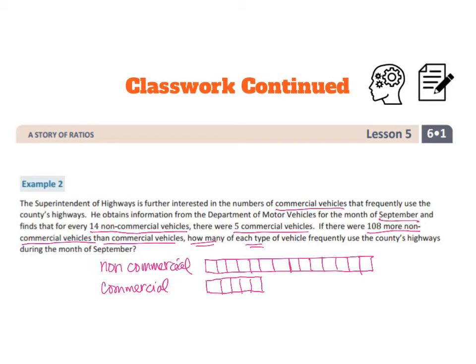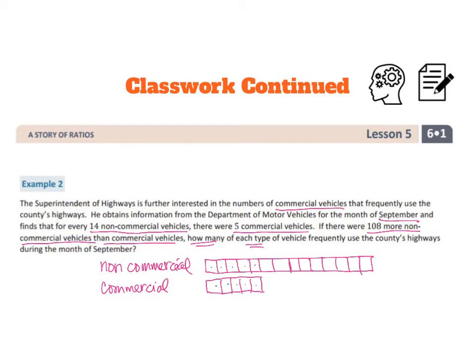Now, so I've got my 14 to 5. If there were 108 more non-commercial vehicles, I'm going to change my color to blue. So see the 1, 2, 3, 4, 5, 1, 2, 3, 4, 5.